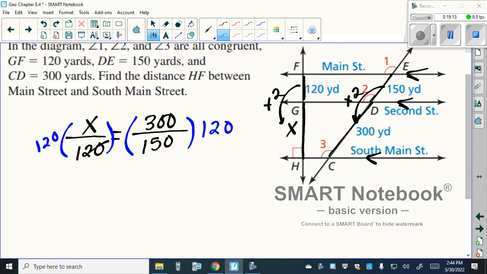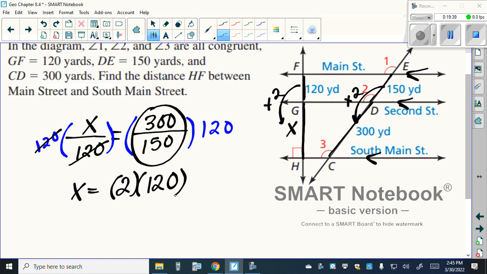And we do this so that the 120 and 120 will cancel out. Now, at this point, we can type the whole thing into the calculator to get our answer. But before we do that, you can go on and do that. Here we have 300 over 150. What's that simplify to? 2 over 1. So this really reduces to 2 times 120, which is?